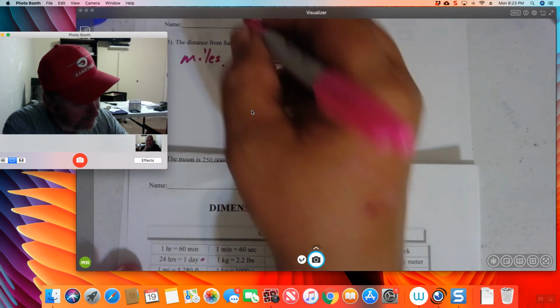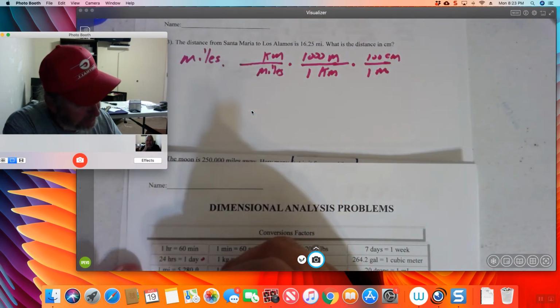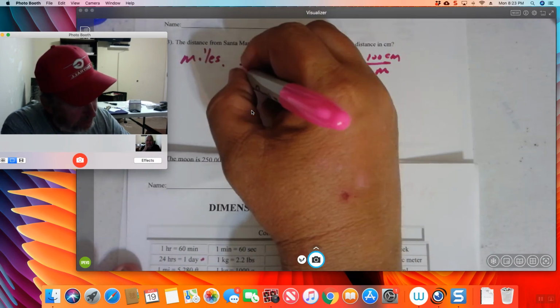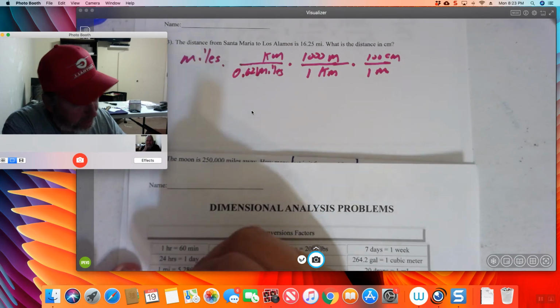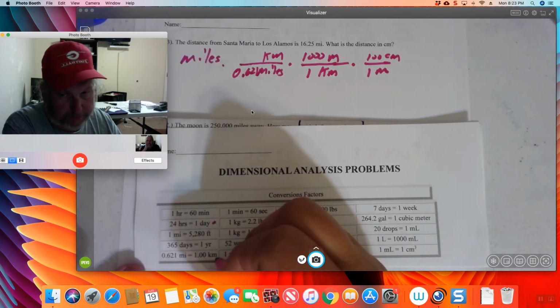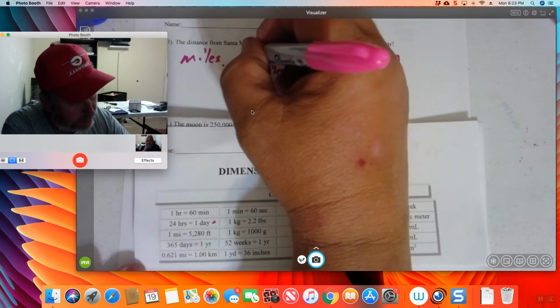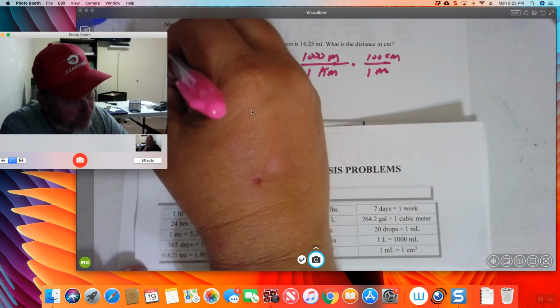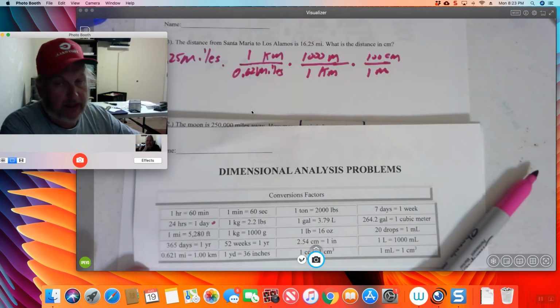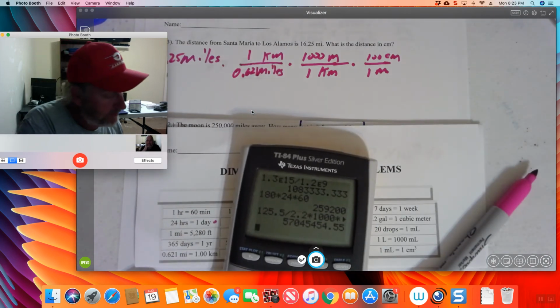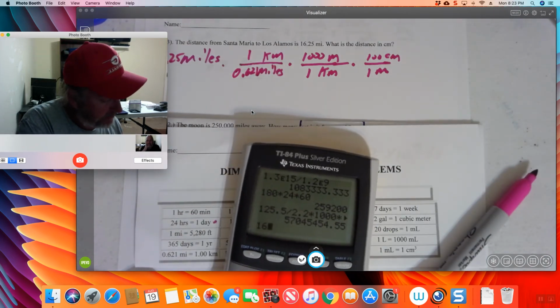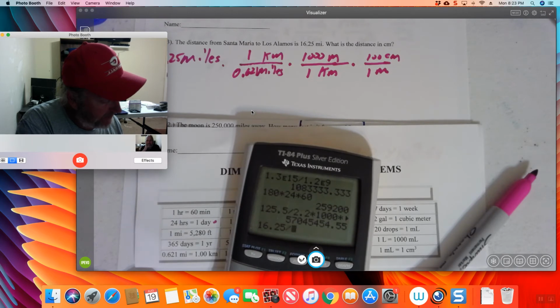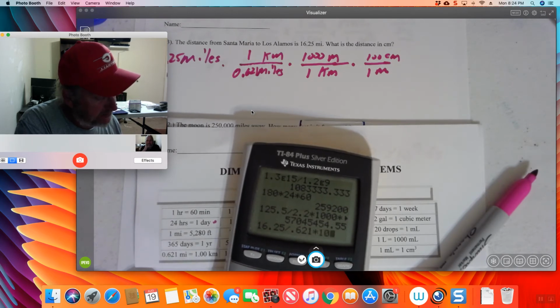Let's write our conversion factor in here on our numbers. So 1 mile equals how many kilometers? Oh, here it is. 0.621, I got that from here, equals 1 kilometer. And it gave me 16.25 miles. Now guess what I've got to do? The easy part's done. Now I've got to take 16.25 divided by 0.621 times 1,000 times 100.